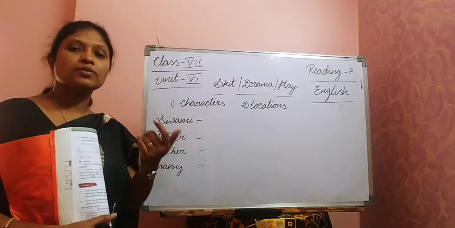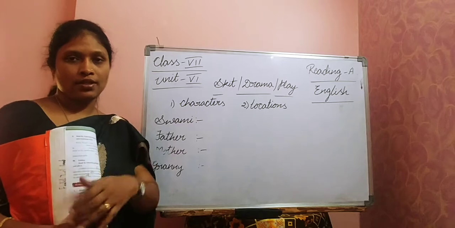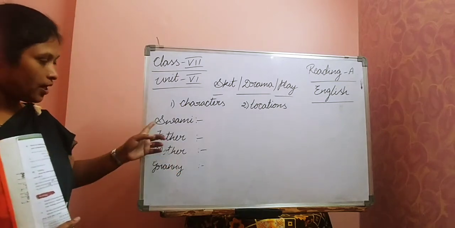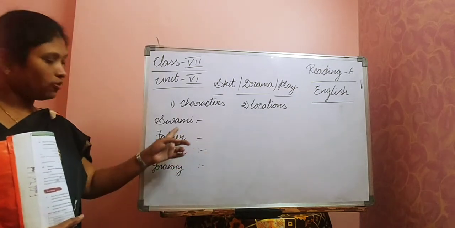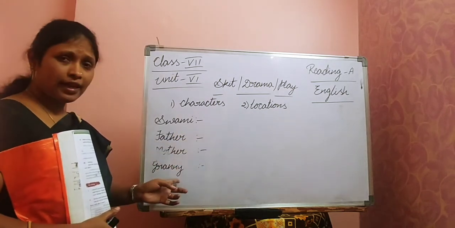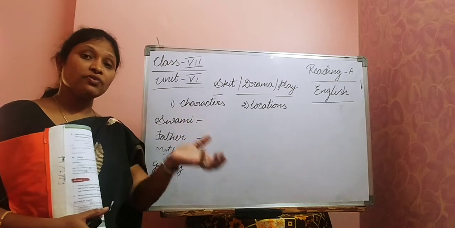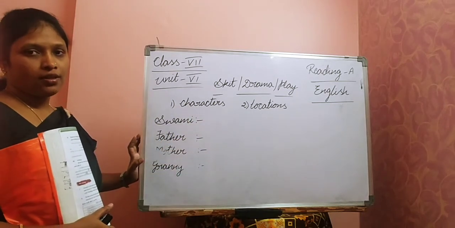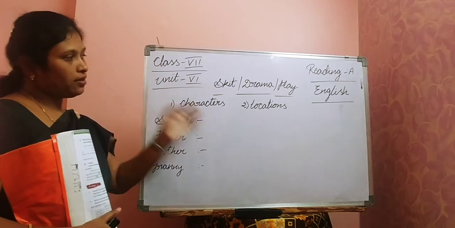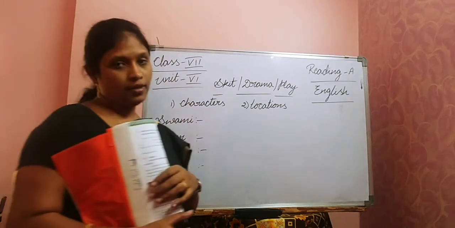Here it's a conversation among the family members. So Swami, what he said, you need to write here. Next, father, mother, granny. So what are the dialogues of different characters? We write in this format. Understood, children? In this way, we need to write a drama or play.